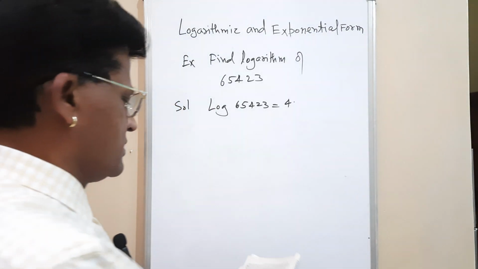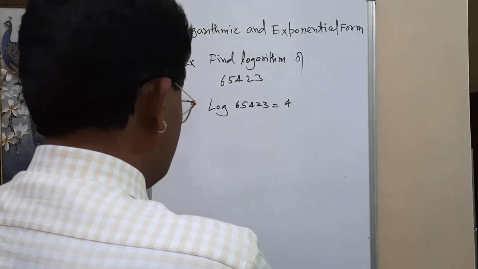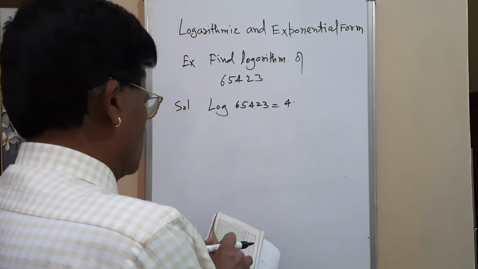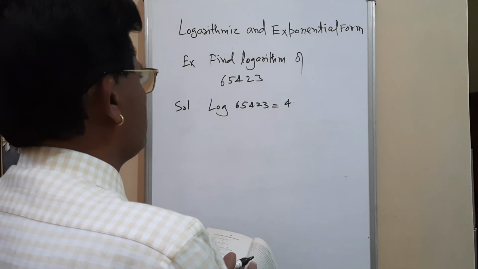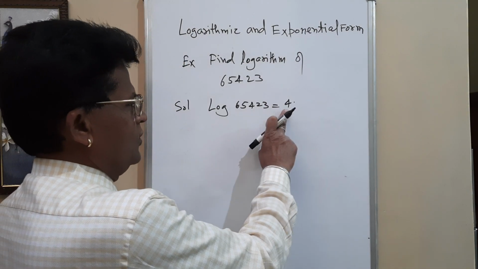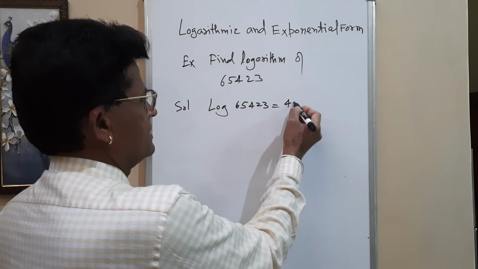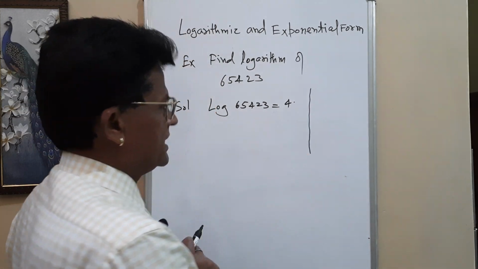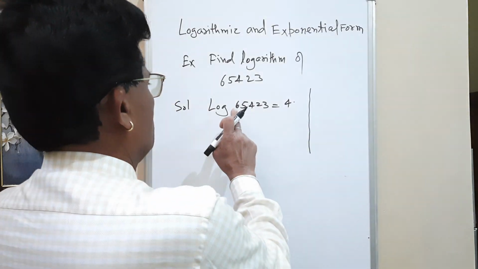I have the book, and log and antilog we can see in this table. I told you 5 digits are there, one less is 4 point. I am going to write the value over here so that you will not commit the mistake and you will understand.